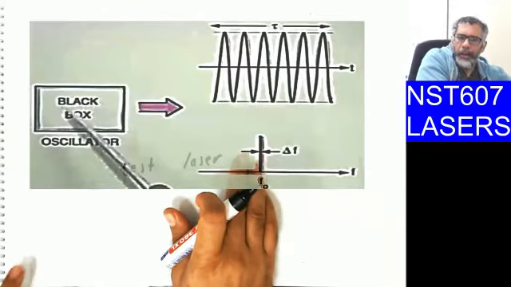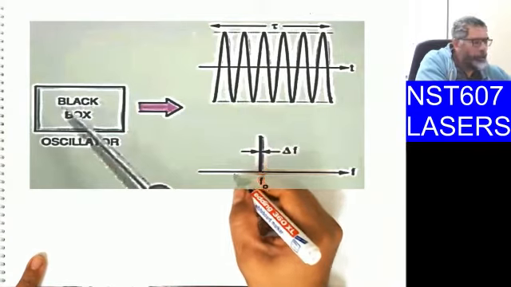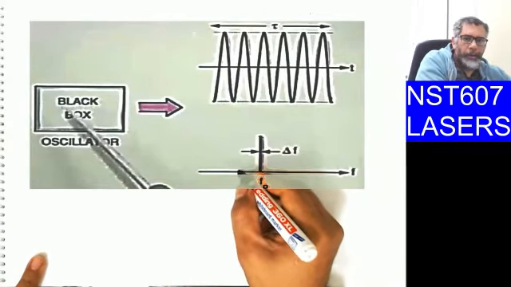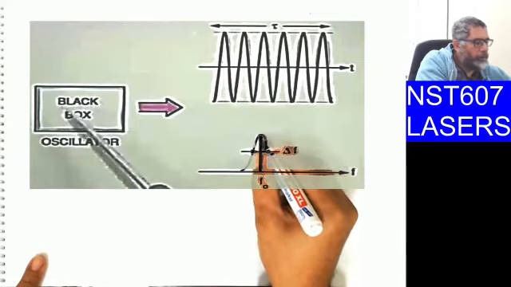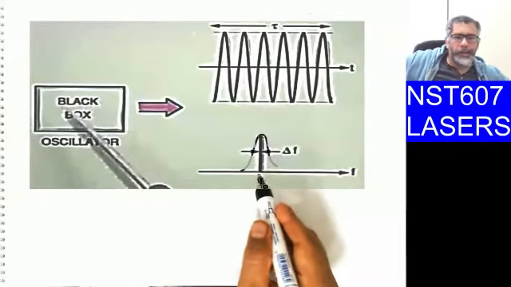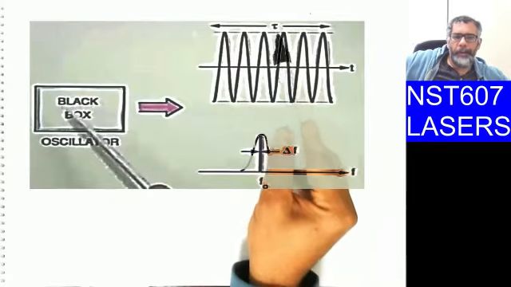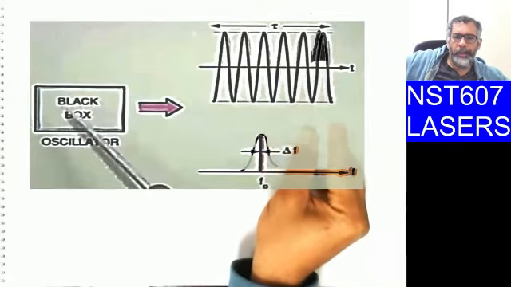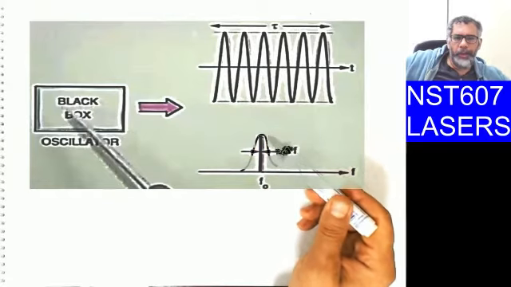What I mean is that you're going to have this kind of bell shape distribution if tau is limited. If tau is unlimited or infinite, what you get in the frequency domain is only a sharp line.